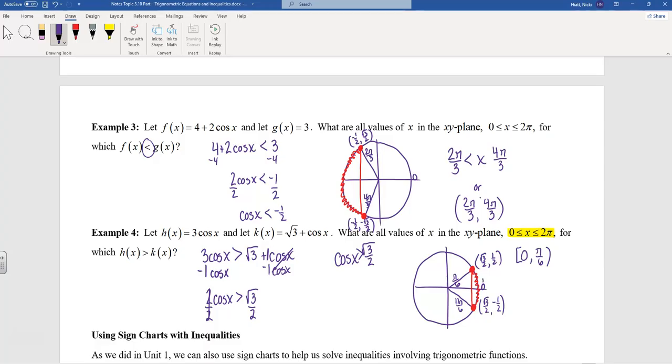So I'm starting here, going this direction. I've got that part of my answer, but then I've got this big gap over here where these are not answers until I get back around to 11 pi over 6, and then 2 pi. And I can use a bracket at 2 pi because 0 and 2 pi are like right in the middle of the answers. The edges, the endpoints, I've got to use parentheses with those.